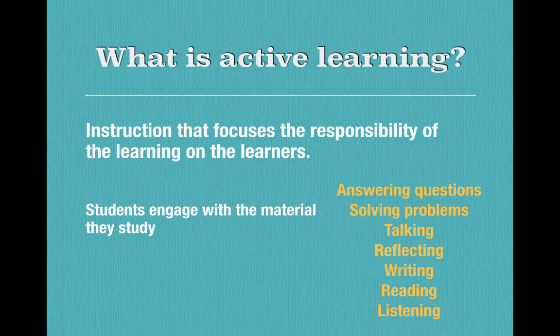And active learning can even also involve listening, so long as students are incorporating what they hear with what they already know and are thinking about the meaning of what is being said, asking whether or not it makes sense, or trying to understand the perspective of the speaker. So it doesn't really matter what it is that you are doing with your students. What matters is that they are actively engaged in the process.